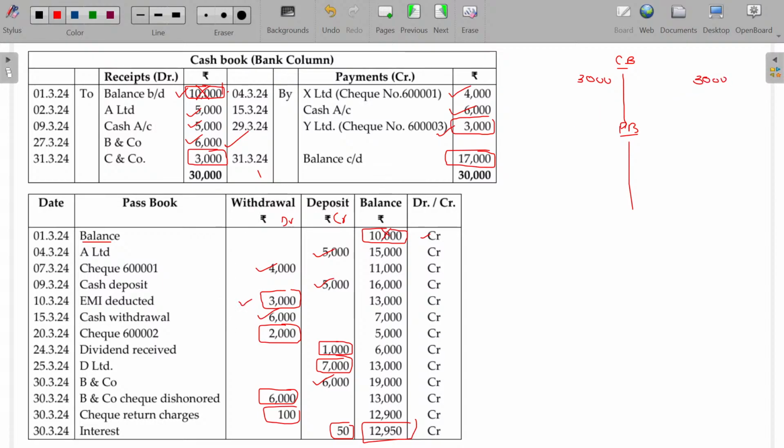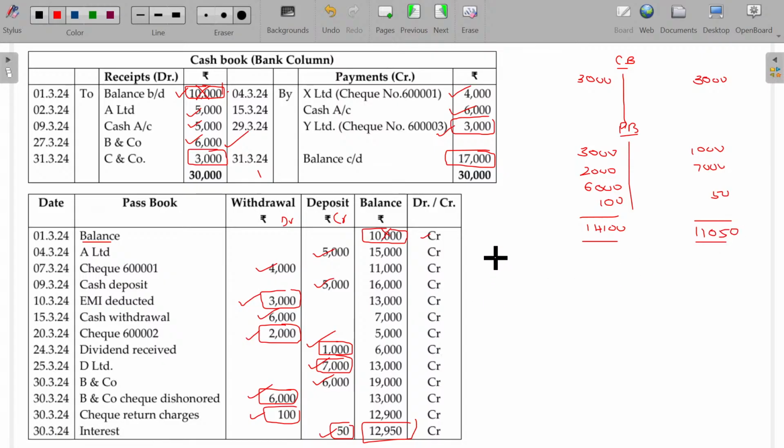Similarly, here 3,000 rupees, 2,000 rupees, 6,000 rupees. Put together. Similarly, in the credit side, 11,050.